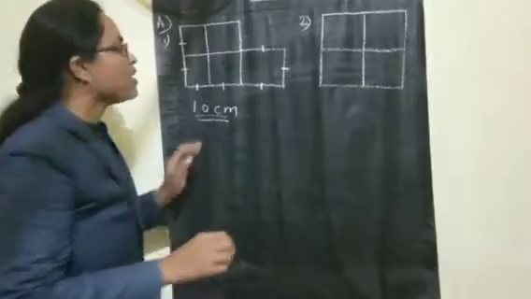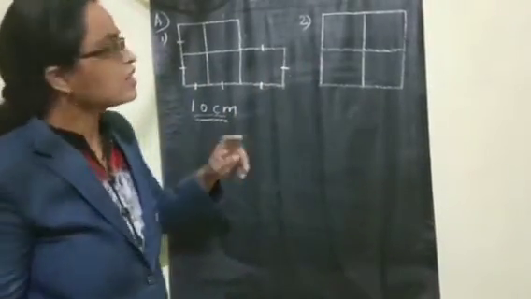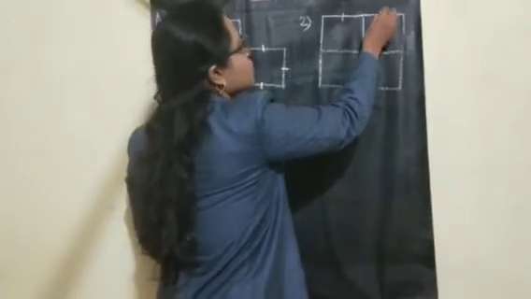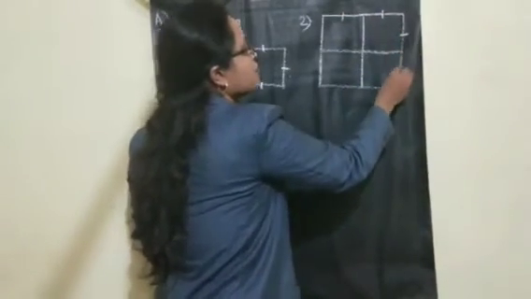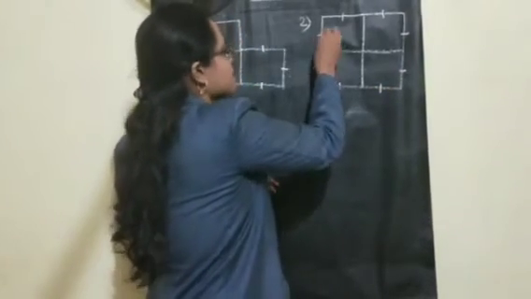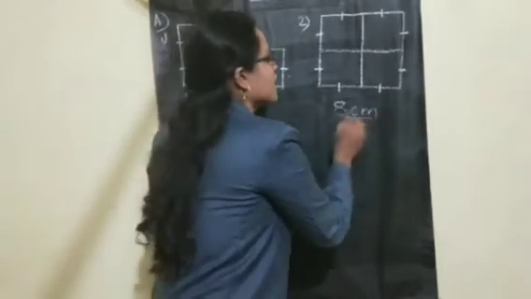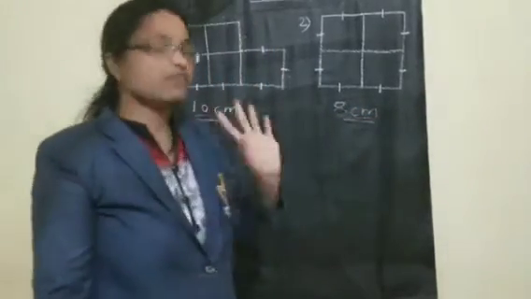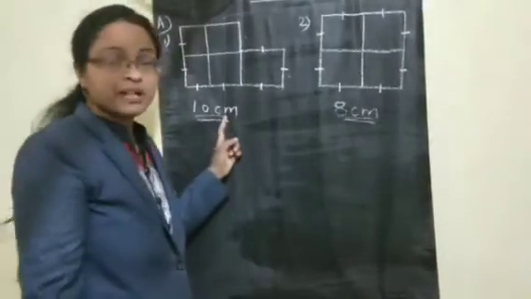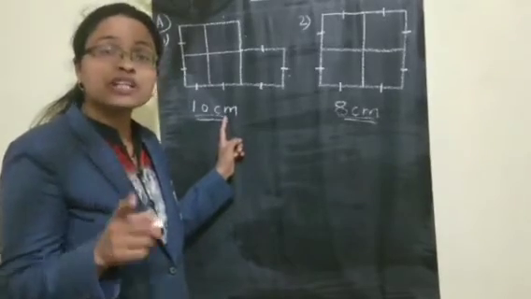You only have to measure the boundaries. For example, the second one. In the same way, 1 centimeter, 2, 3, 4, 5, 6, 7, 8 centimeters. So the perimeter of this figure will be 8 centimeters. And always keep in mind, children, the unit of a perimeter is always the same as that given in the length.